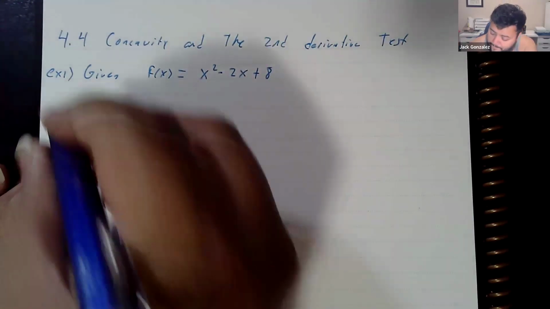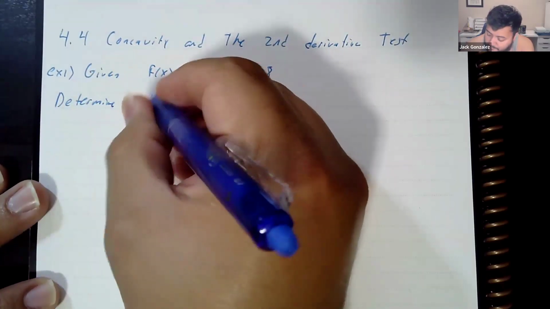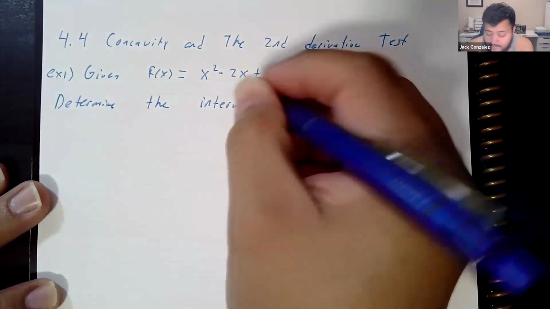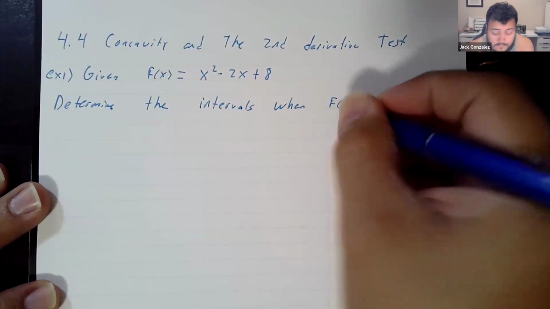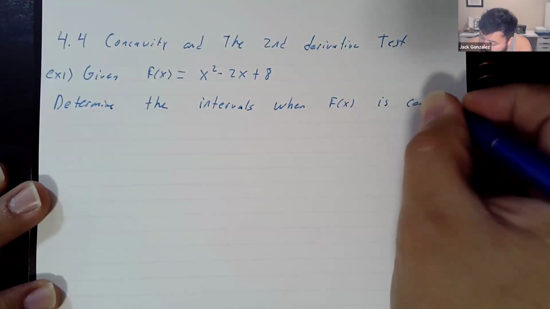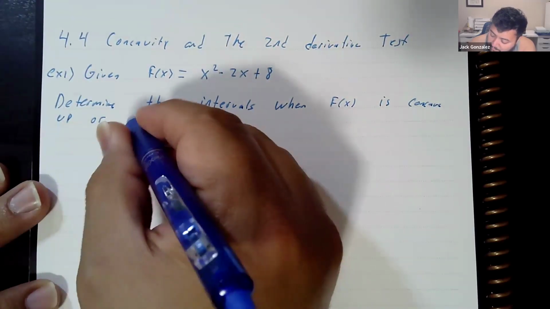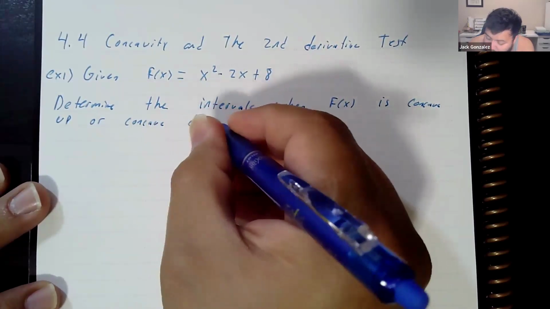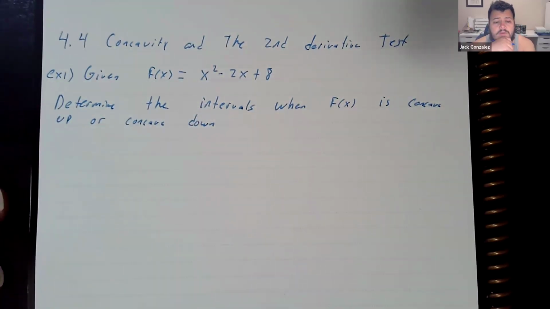So given this guy, determine the intervals when f of x is concave up or concave down.